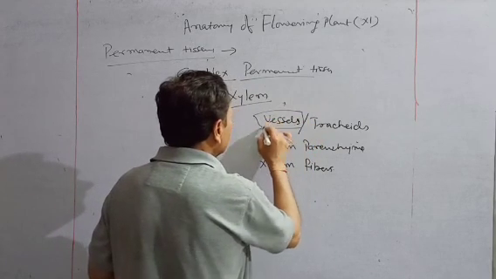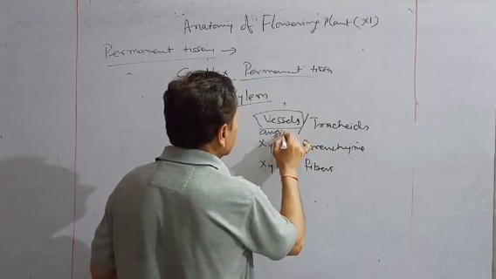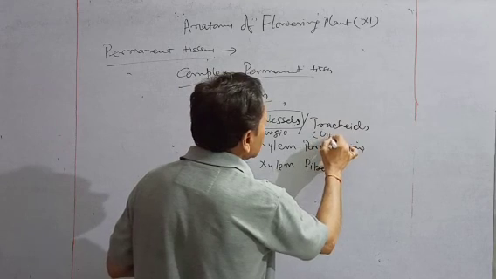This vessel is mainly present in angiosperms, and tracheids are present in gymnosperms.